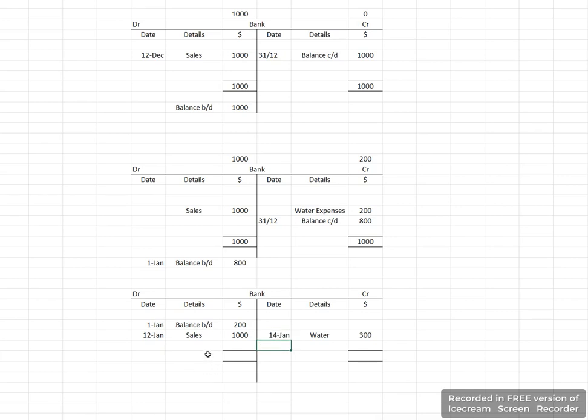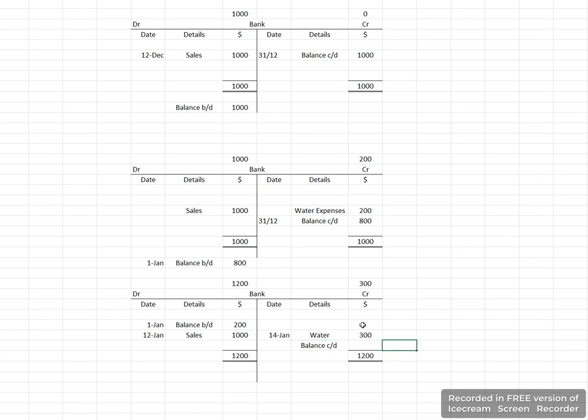Now over here, let's do the totals. 200 plus 1,000 is 1,200. And on this side, we have 300, okay? Heavier side on both sides, so 1,200 over here, 1,200 over here. To make it equal, we need to put a balance CD on the smaller side.